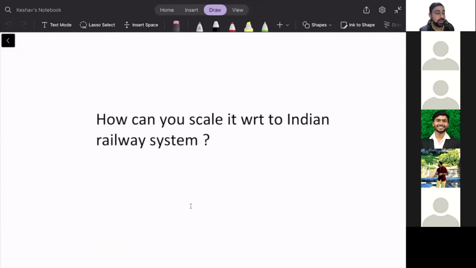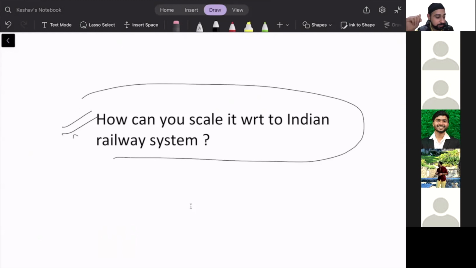So you have a centralized railway management service now, or system or platform, to do this train allocation, but at the scale of the Indian railway system. So probably next time we would go over this, and try to figure out how we can scale this particular solution.